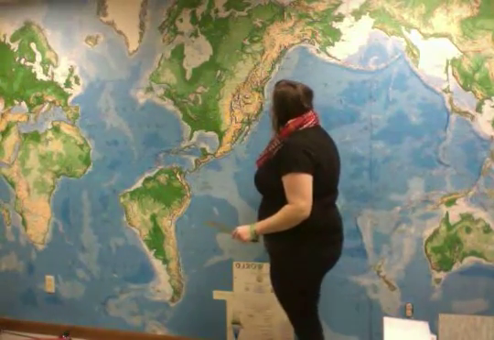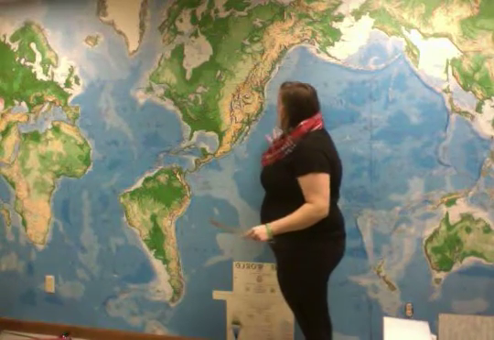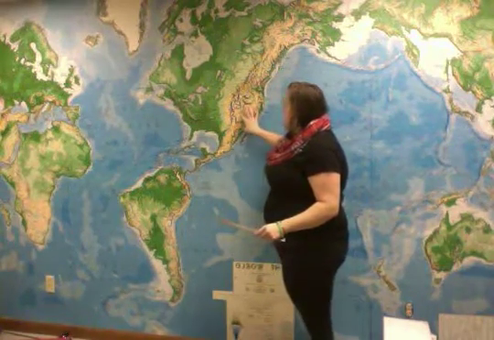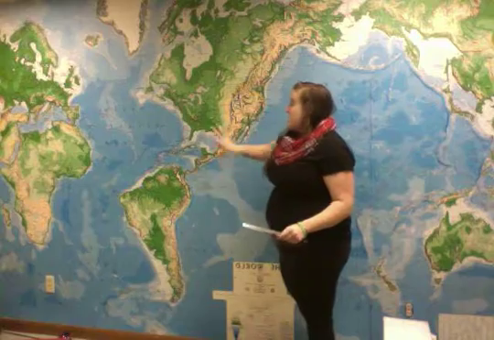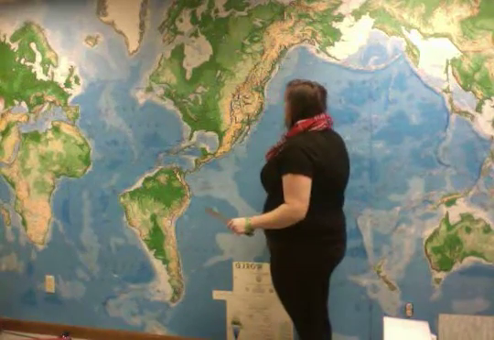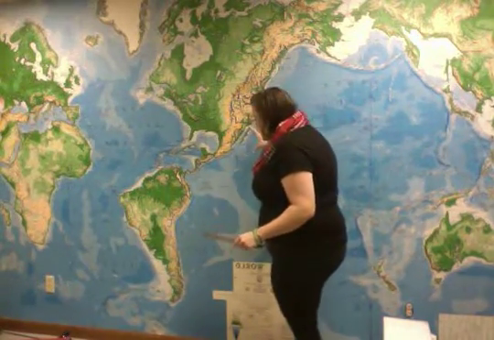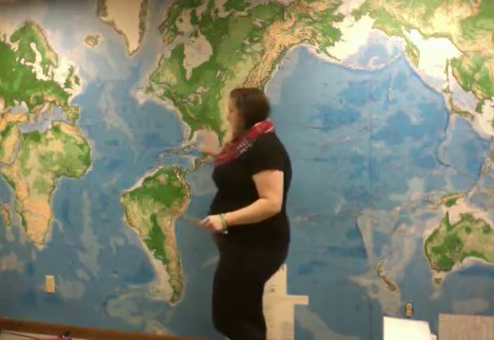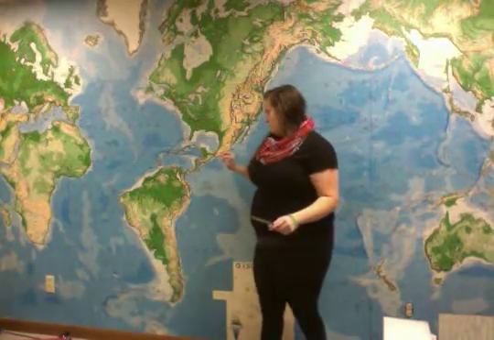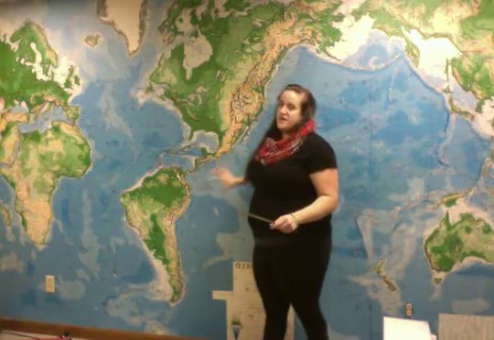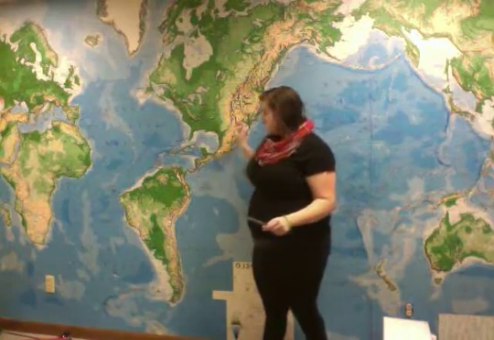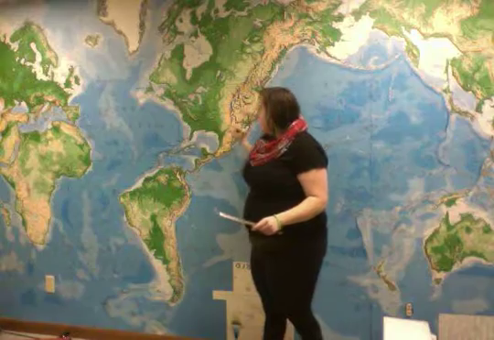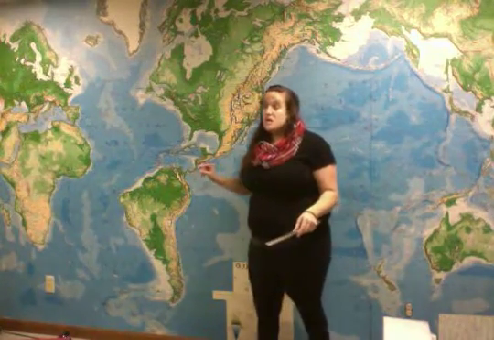All right, so I'm going to give you guys a worksheet, and it's going to help you identify where each continent is, and more specifically where countries are. You're going to go ahead and color in with 7 different colors the 7 different continents. You're also going to color in several of the countries that we have listed there.